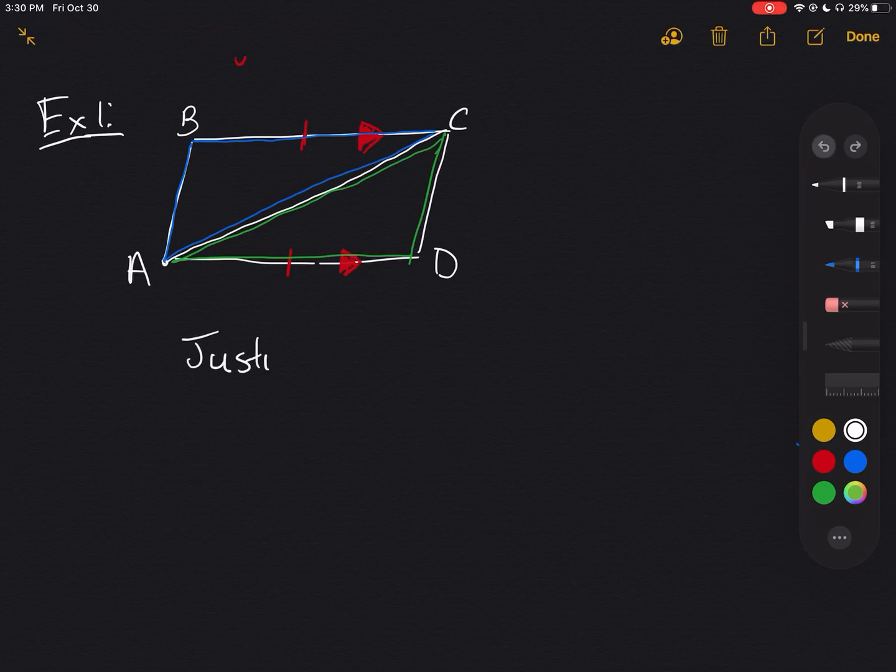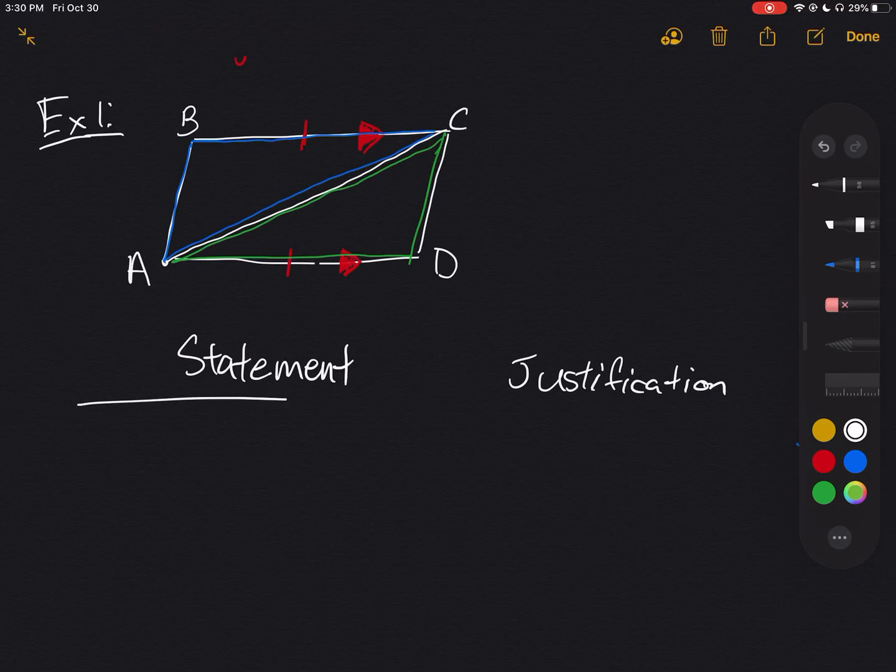A two-column proof has statements in one column, and then justification or reasons in the other. Right? So statements are things like this is congruent to that, and justification is the property or theorem that allows me to do that.